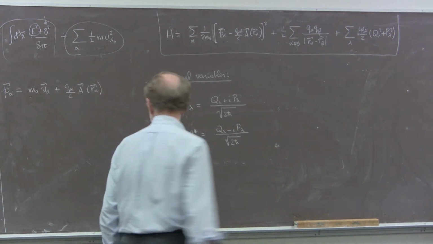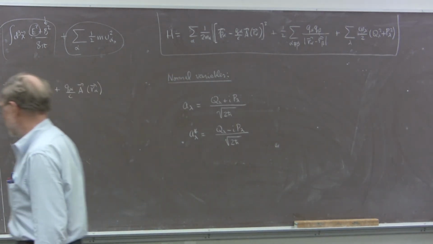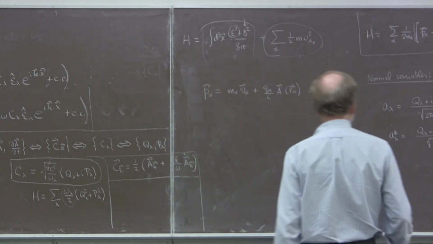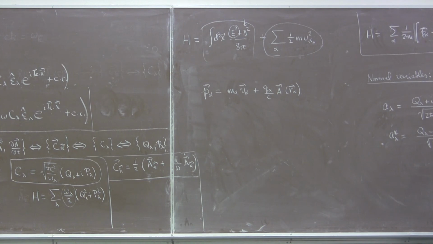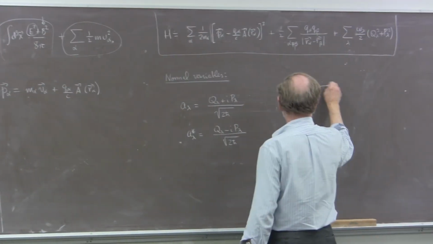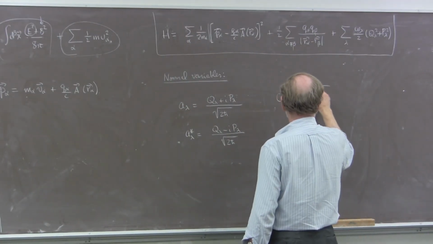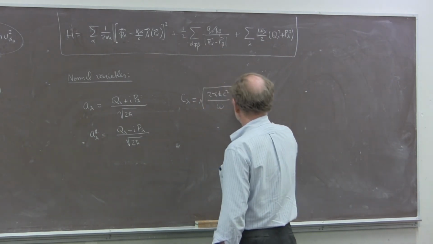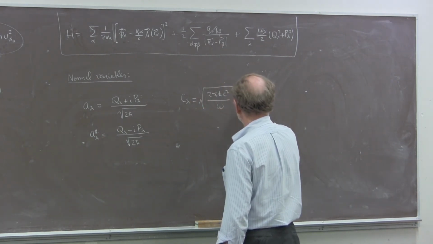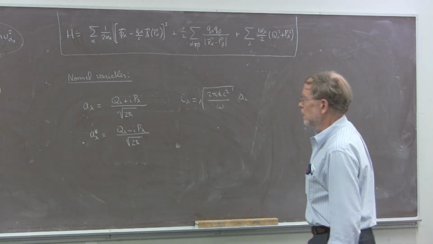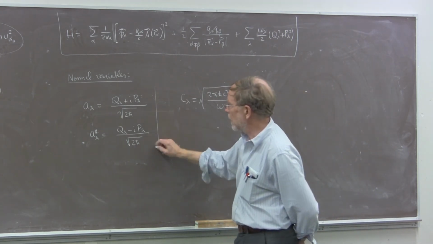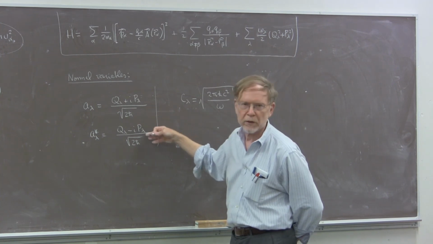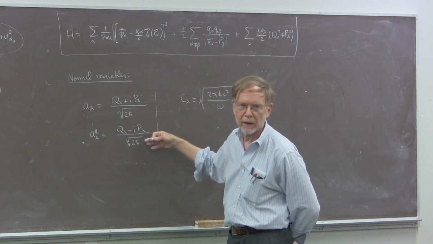If I do this and combine it with these C lambdas that you see over here, this is going to say that C lambda is equal to the square root of 2 pi h bar c squared divided by omega times A lambda. So the normal variables are obviously classical analogs of creation and annihilation operators in quantum mechanics.